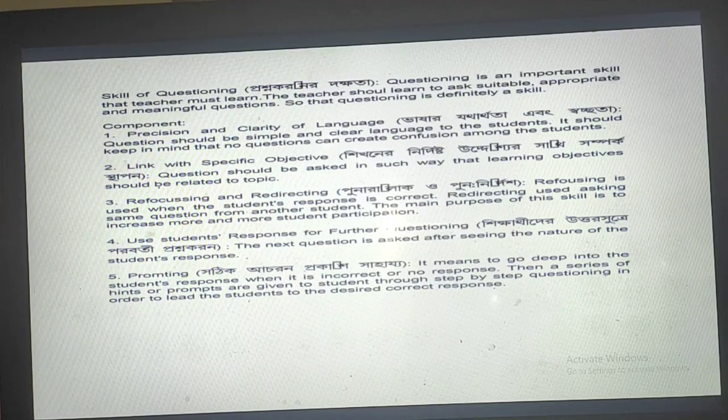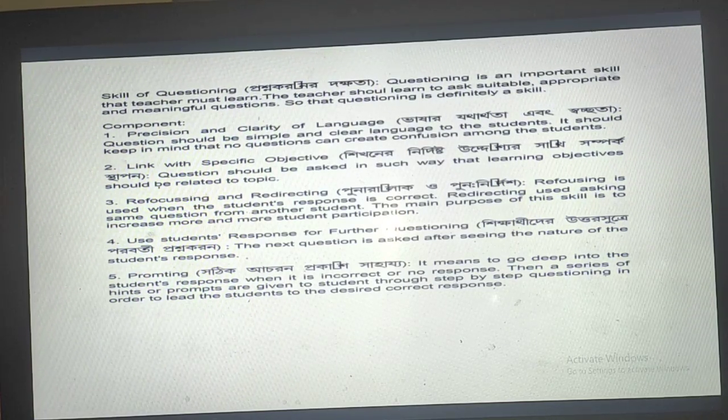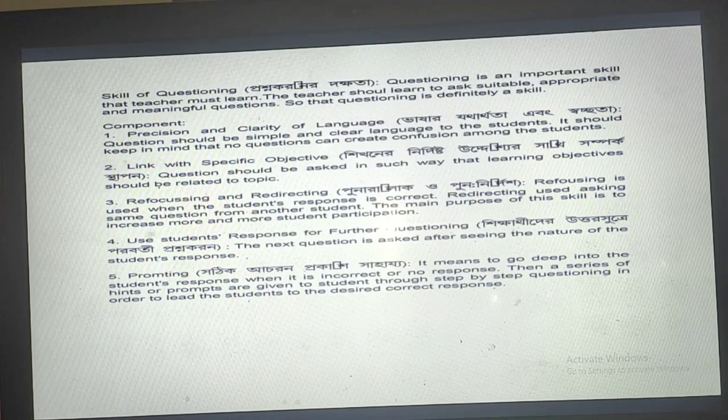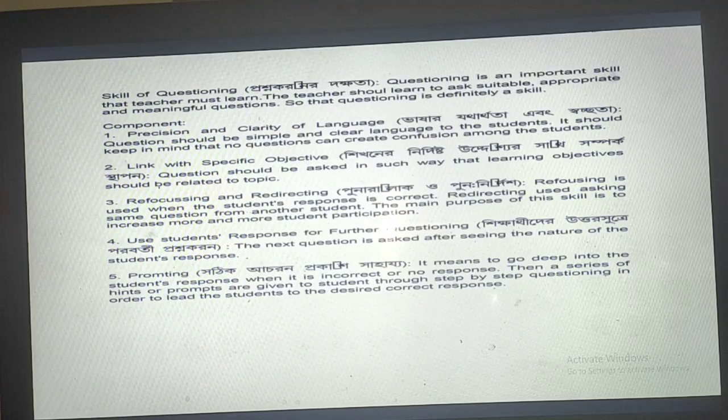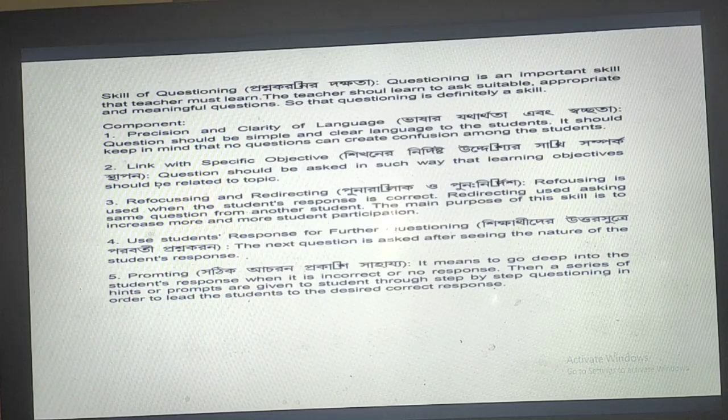When the teacher asks questions, the teacher should remember how many learning objectives are covered through the questions, so when a teacher asks a question, the teacher should remember or mention the learning objectives.